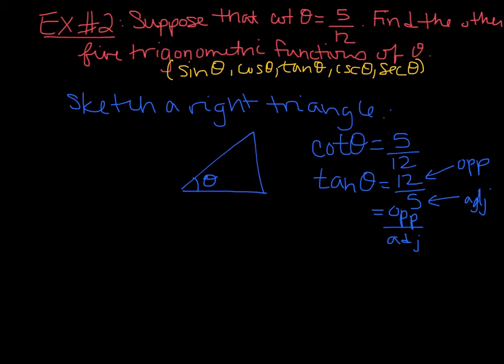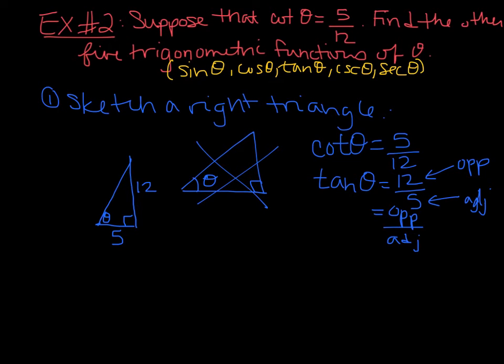And actually the triangle I drew looks like the sides are about the same, so I'm going to change it a bit and make it look more to scale now that I know that my adjacent is a lot smaller than my opposite. So here's my theta. My adjacent side to the theta is 5. My opposite side to the theta is 12. So now I have my right triangle started. So that's my first step.